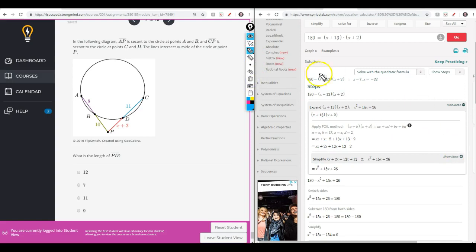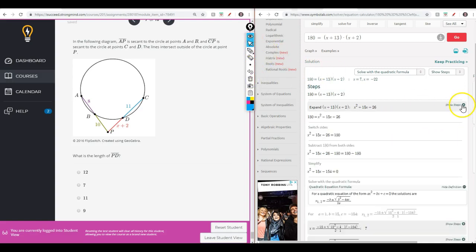So that's how they expanded that, and that's how they went from x plus 13 times x plus 2 to x squared plus 15x plus 26 right here. So they expanded it. You do not have to switch sides. That's just how this one's algorithm goes. It's not necessary though.